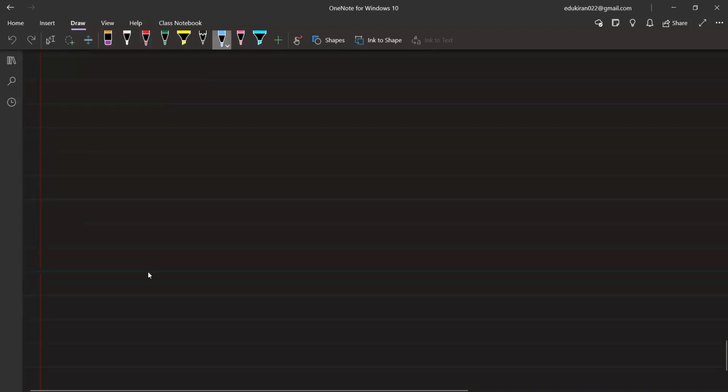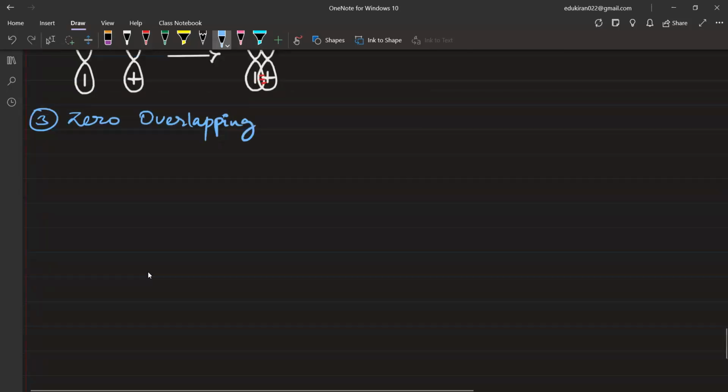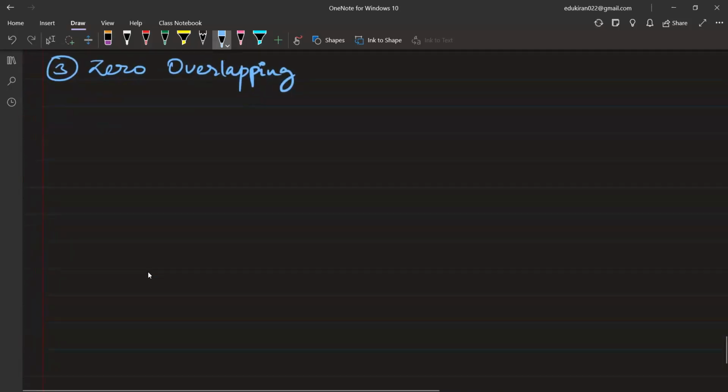Right, next, zero overlap. Zero overlap में you will have same and opposite phase simultaneously.